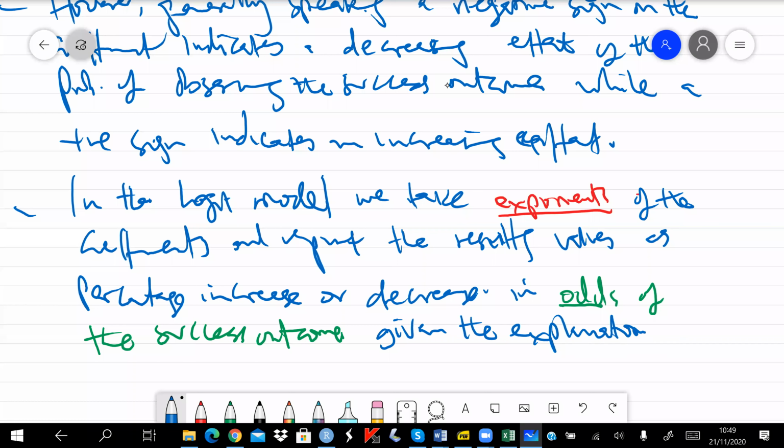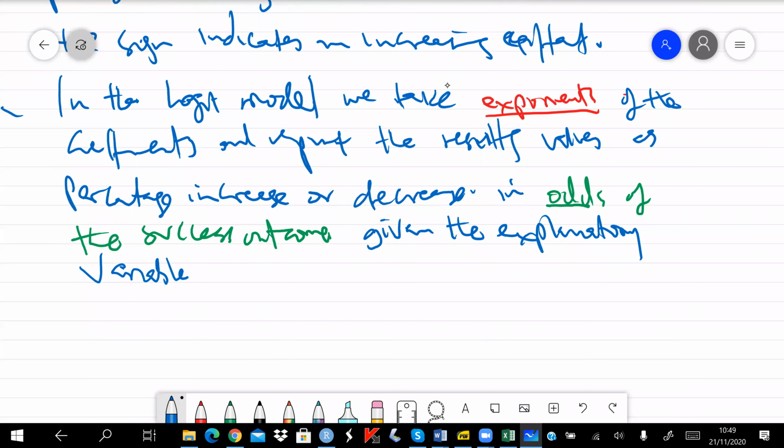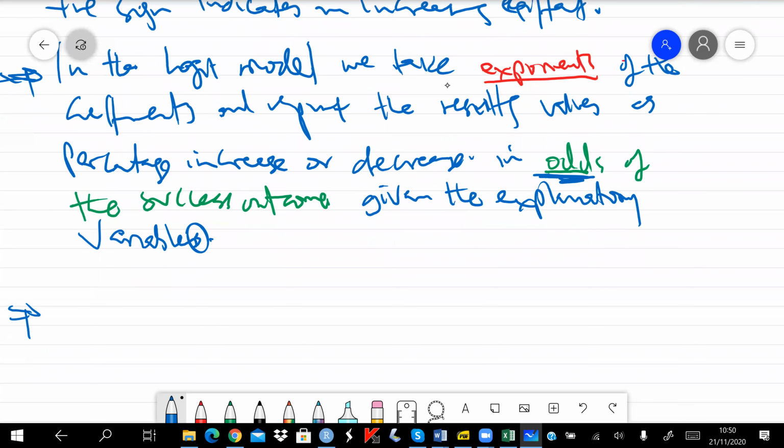Here we report in terms of the percentage change in the odds of success. This is a very important statement, because our focus will be the interpretation of the regression coefficients at this point.